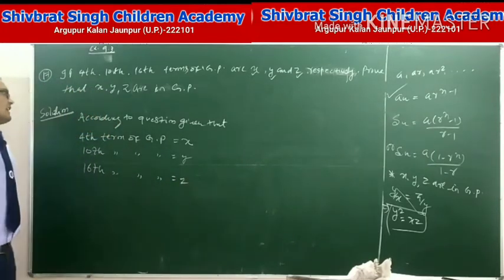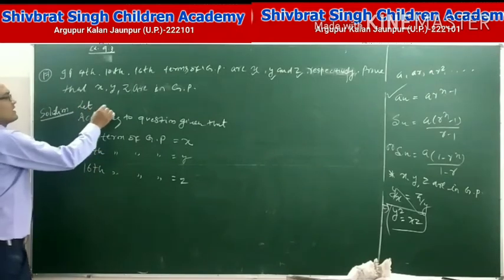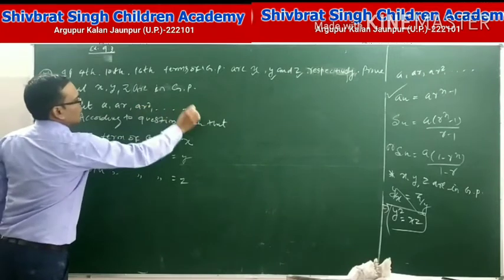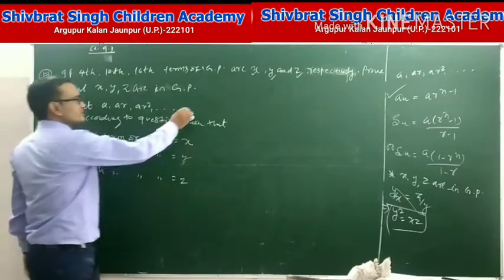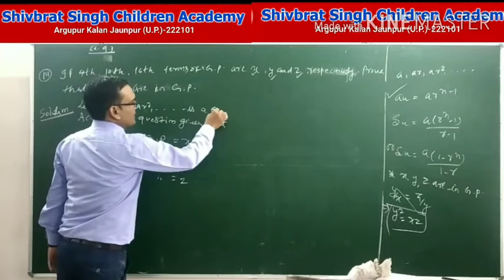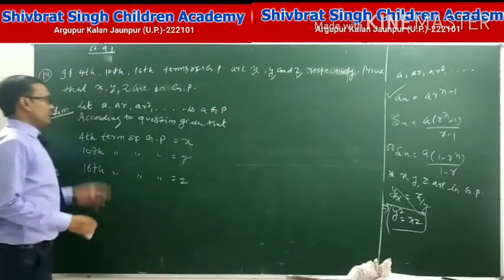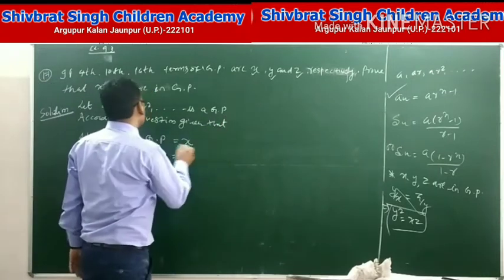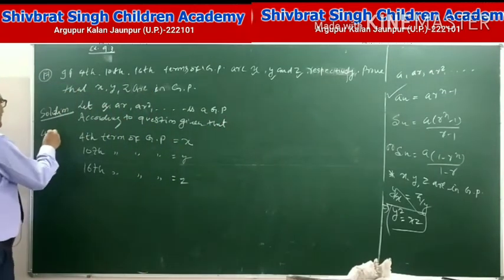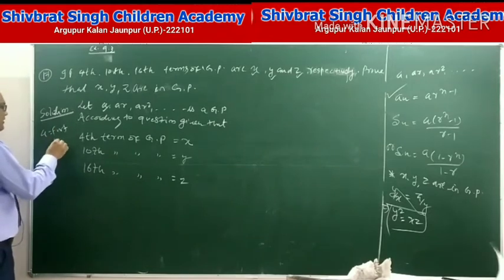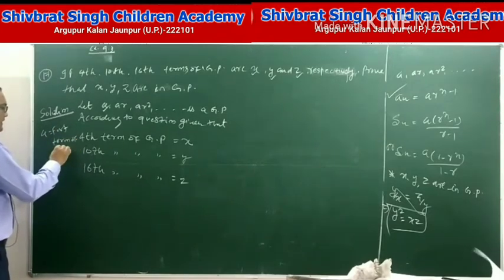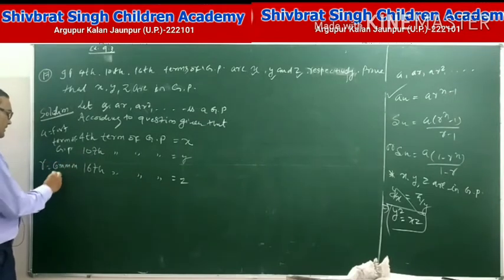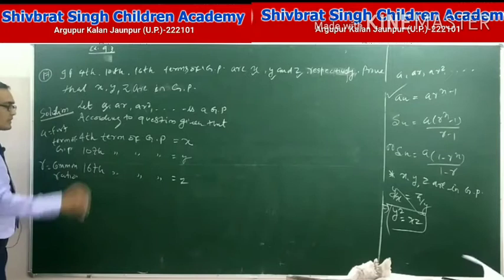We consider a GP, that means let A, AR, AR square, and so on be a GP, where A is the first term of the GP and R is the common ratio of the GP.